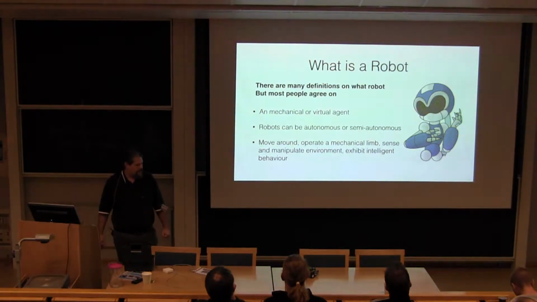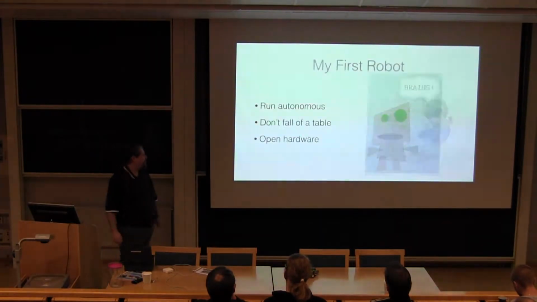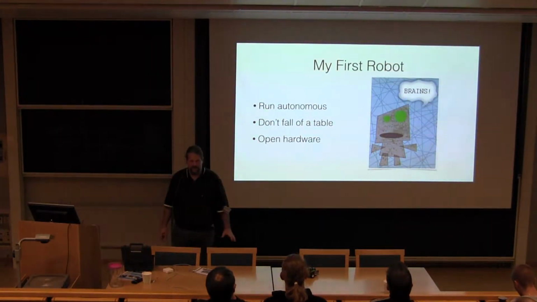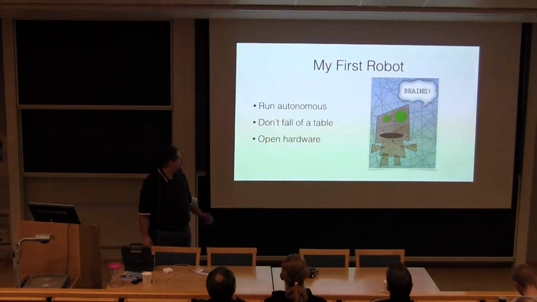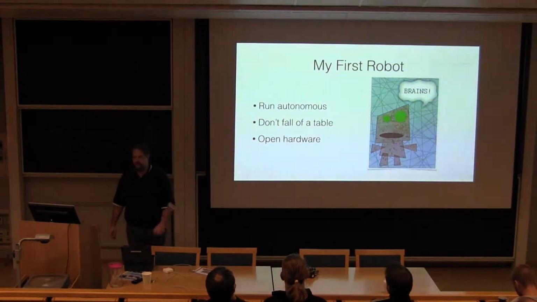And I wanted to learn more about hardware. That's why I started this project. Hardware is sometimes needed for software. So I decided to make my first robot. I wanted to make it very simple. My goals were that I wanted it to run autonomously, so no lines, no radio control, anything.